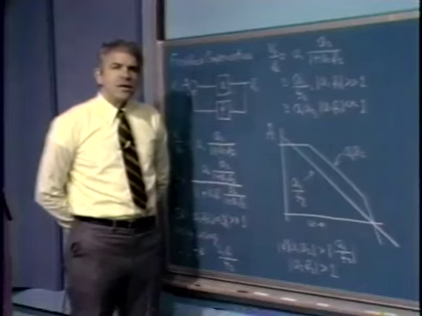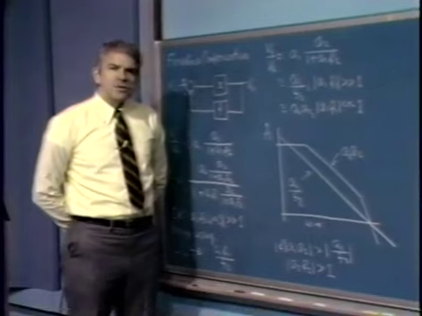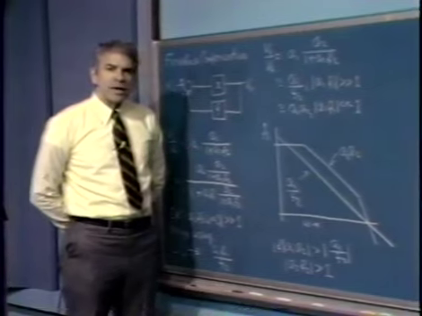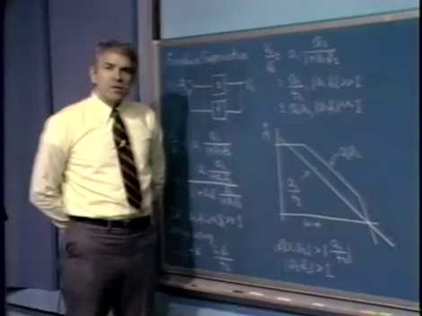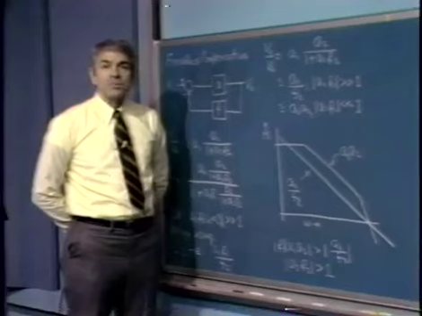Another possibility that you may be familiar with is the use of a tachometer in a servo mechanism. What one does with a tachometer is measure the output velocity of the system and feed that back in a way that forms a minor loop. Well, the tachometer, of course, introduces a differentiation between output position and its signal.